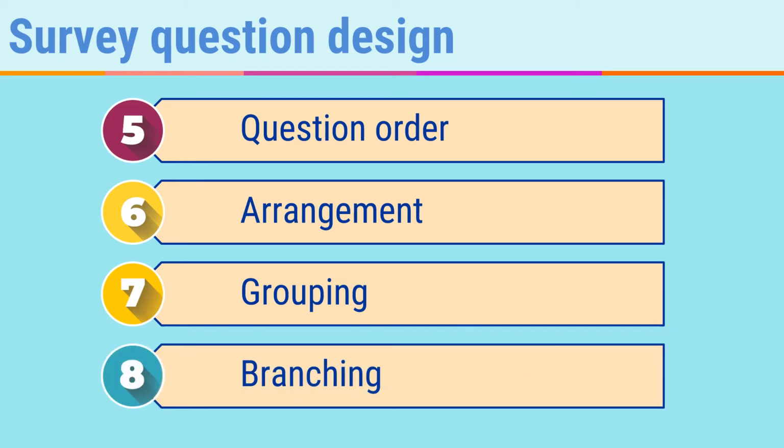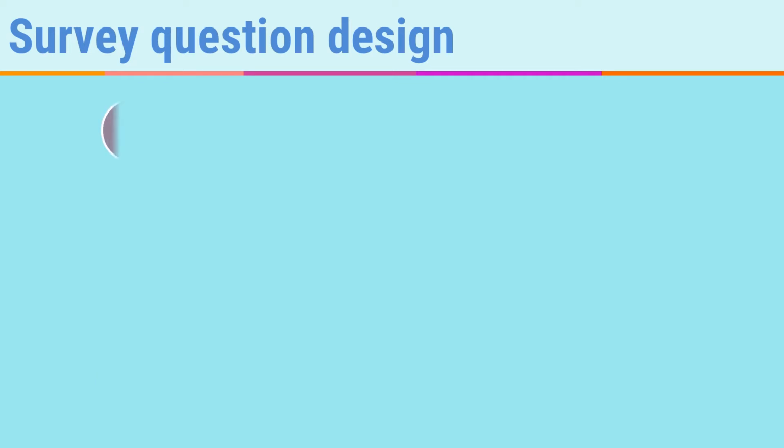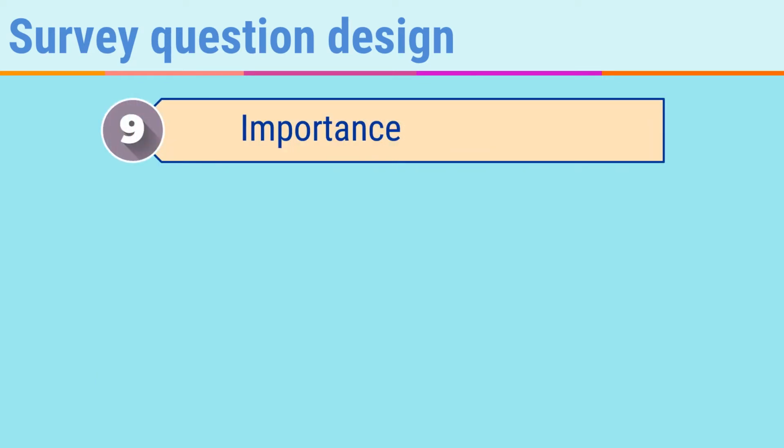We need to ask all branching questions before asking follow-up questions if branching questions are used. We need to start the survey with questions that participants find meaningful and interesting, and they are able to answer. We need to avoid putting the important questions at the end of the survey.